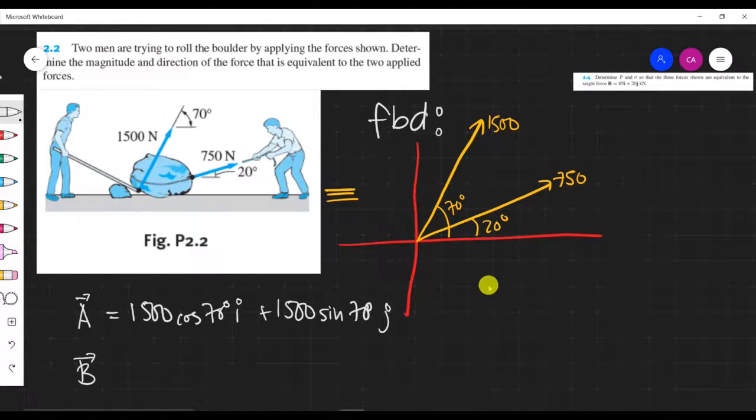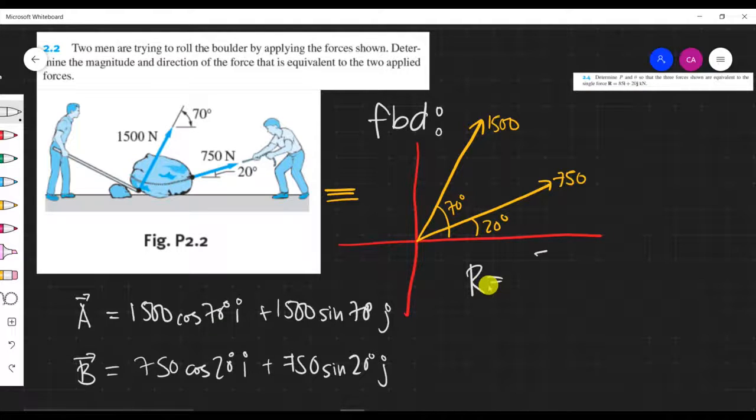Then B is equals to 750 cosine 20 degree i plus 750 sine 20 degree j. Now, ang tanong, what would be the resulting force? What is the resultant? So, alam natin na yung R is equals to the summation ng lahat ng vector. Okay, the vector R is equals to summation ng lahat ng vector. So, ibig sabihin nun, vector A plus vector B. So what is the resultant vector? Pakisolve.